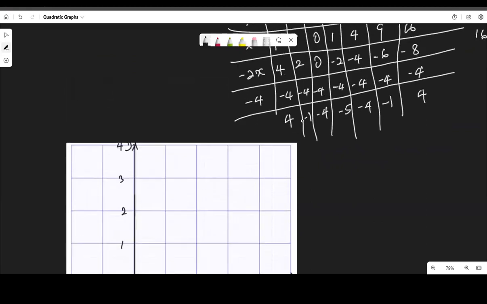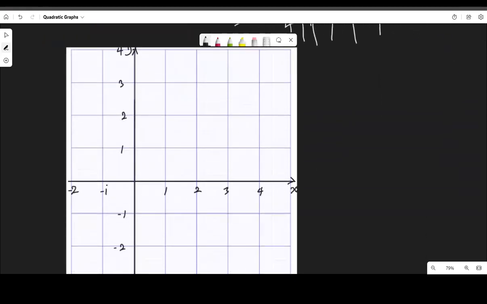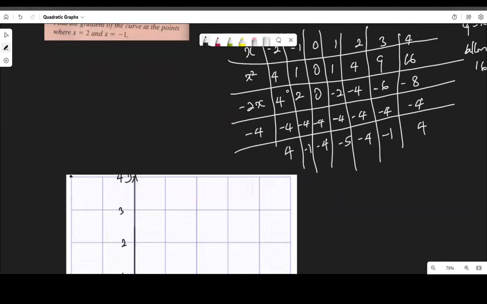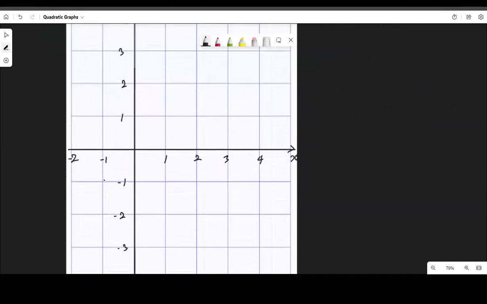With the graph marked, let's plot the points. When x is negative 2, y is 4. This extreme end here. Then when x is negative 1, y is negative 1 also. This is negative 1, and negative 1 is right here for y.